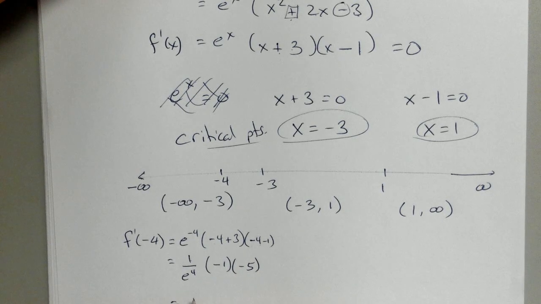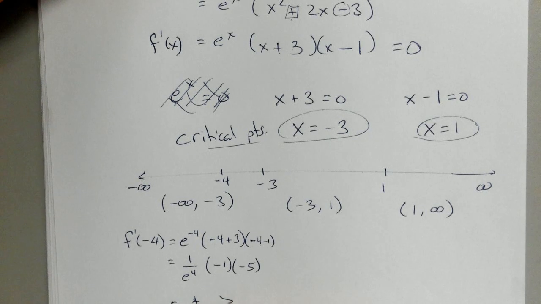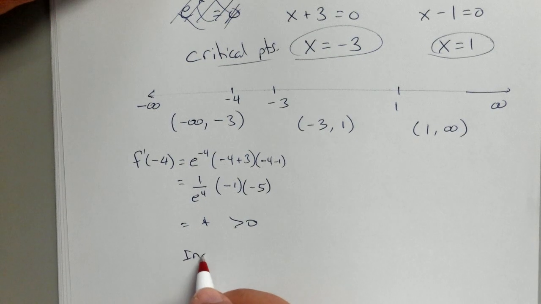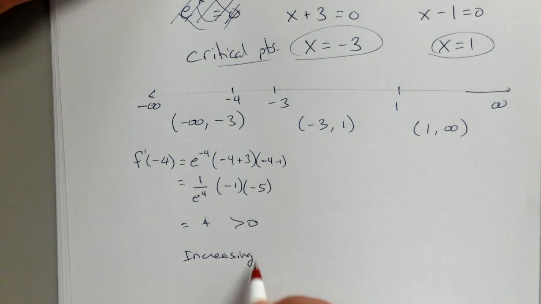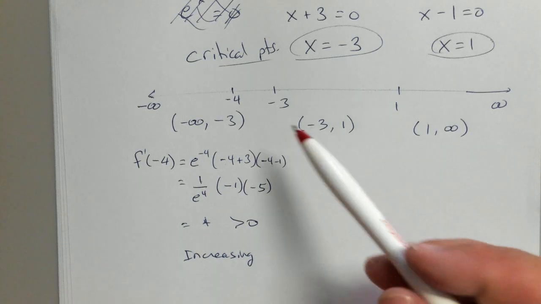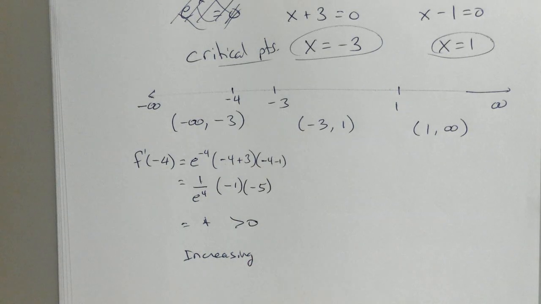The answer is going to be positive. That means it's increasing. Again, the actual value itself for this part is not important. We just need to know, is it positive or negative?